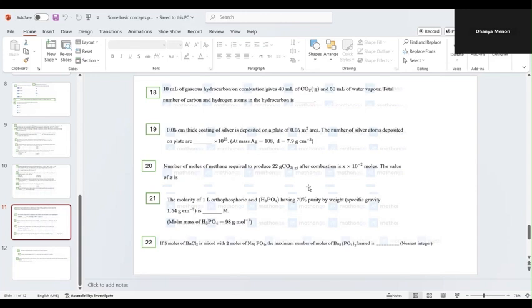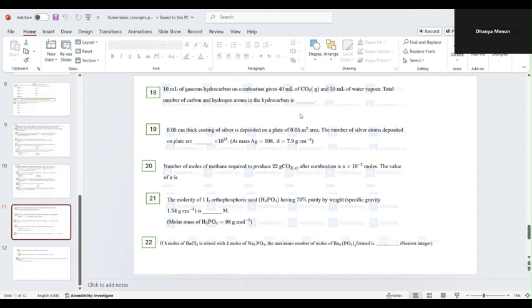So the number of moles of methane, CH4, is x times 10 raised to minus 2. Okay. And you need to find the value of x.